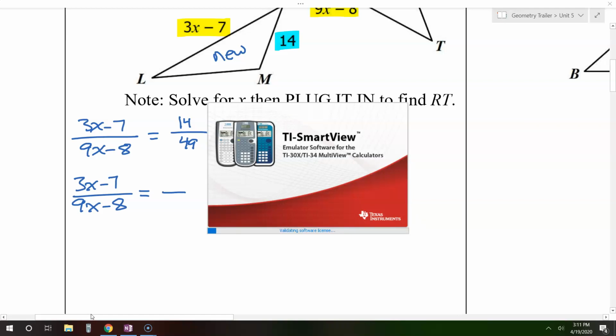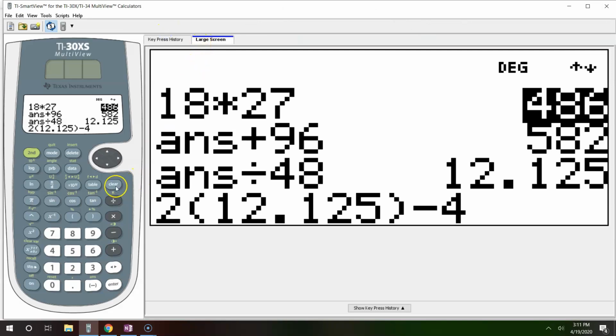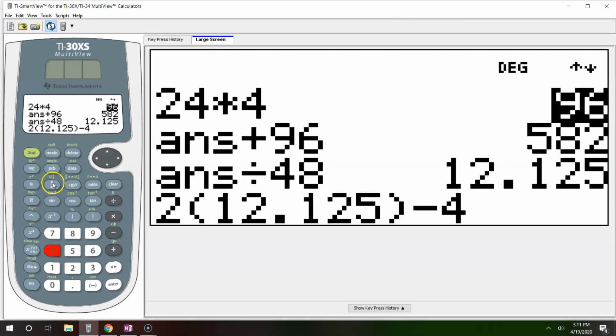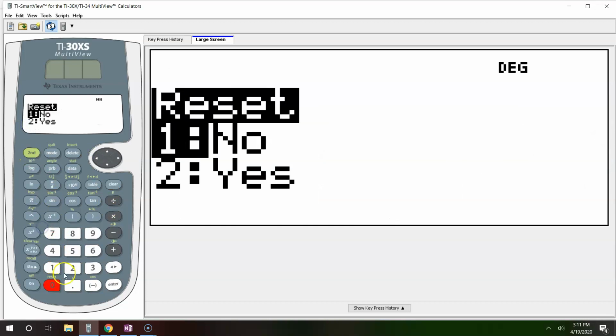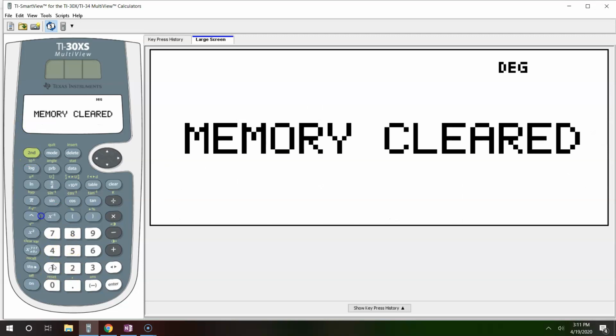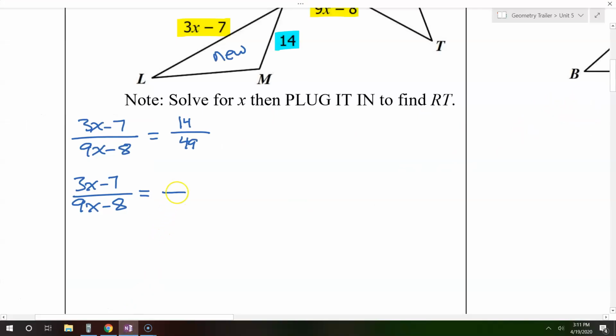These are both divisible by 7. If I divide both of these by 7, 14 over 49, this is going to be 2/7. And you can let your calculator do it if you're not good at reducing.